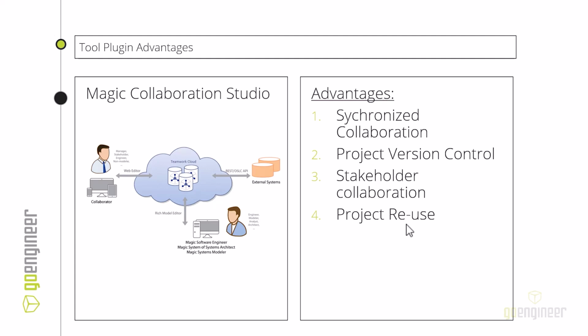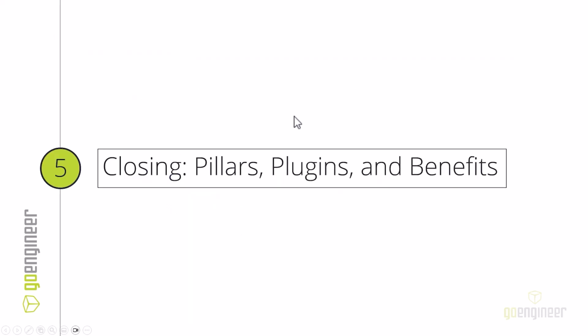So I highly recommend looking into Magic Collaboration Studio. Like I said, we are definitely able to do any demonstrations that may be necessary. So that's definitely something that a lot of companies are looking into and grabbing a hold of.